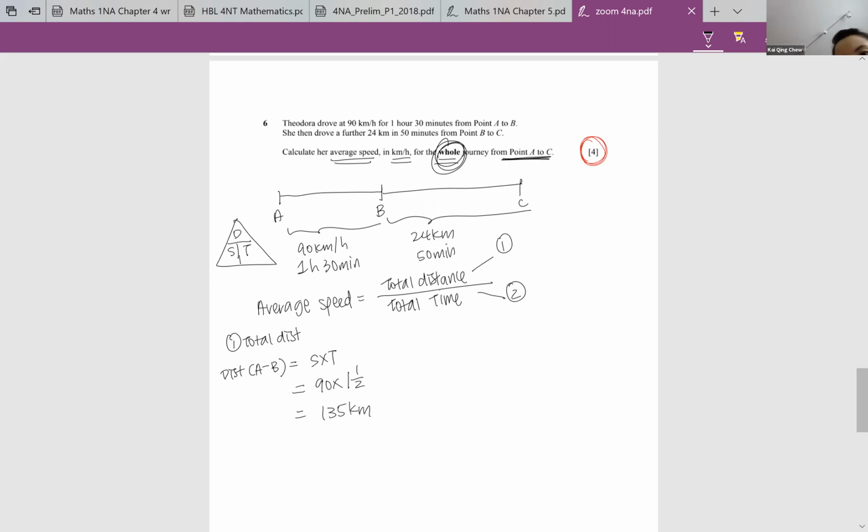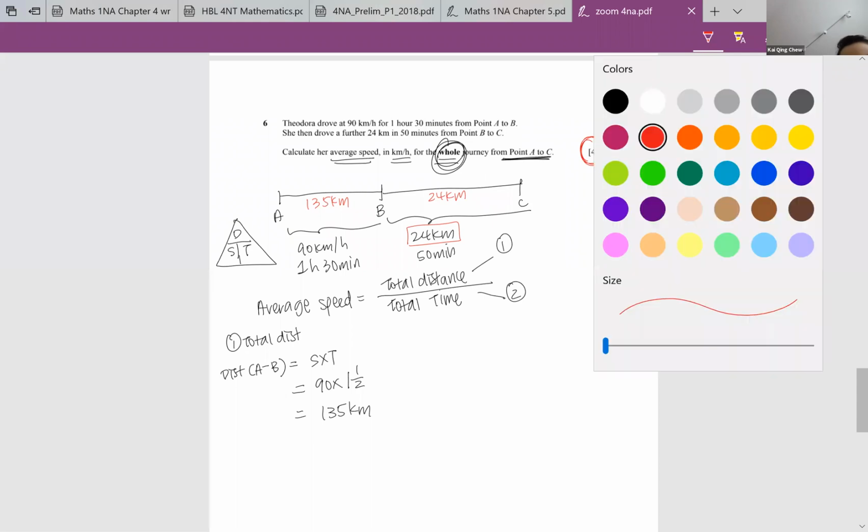So now I have additional information. I know the distance is 135 kilometer from A to B. And then I also know that it is 24 kilometer from B to C, because it's given.